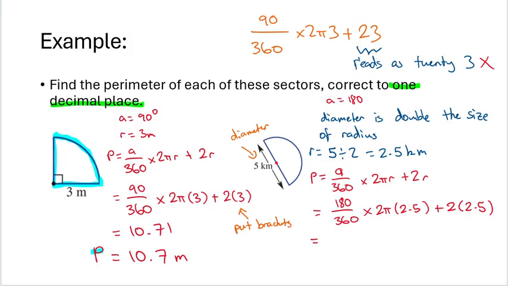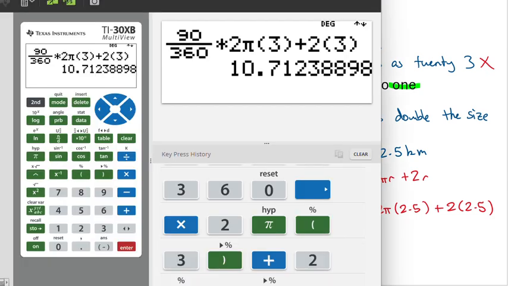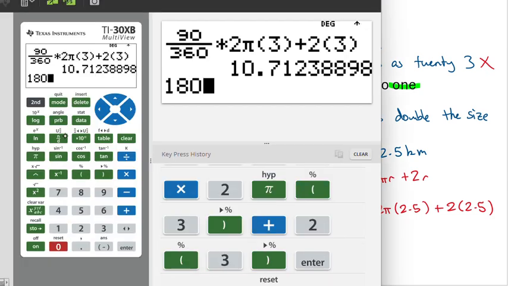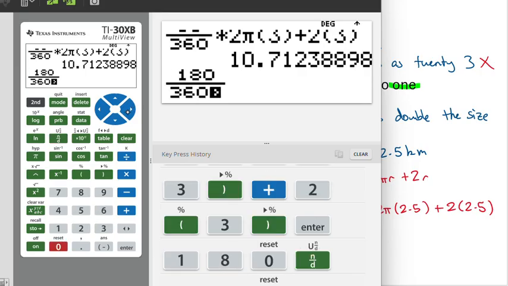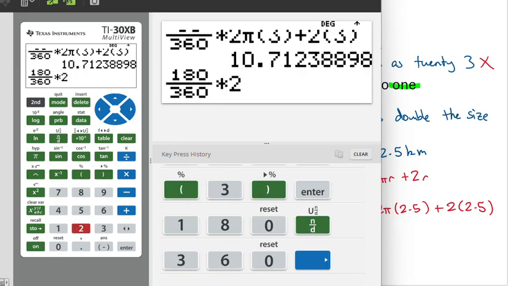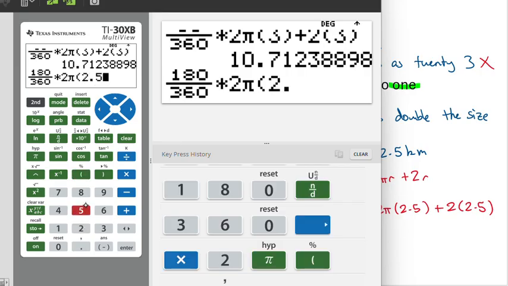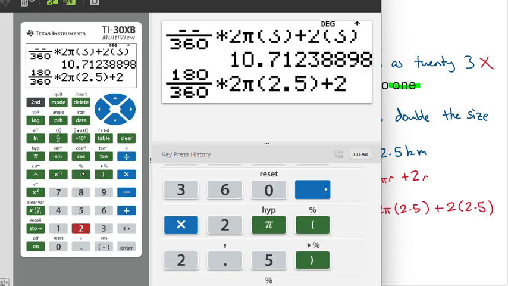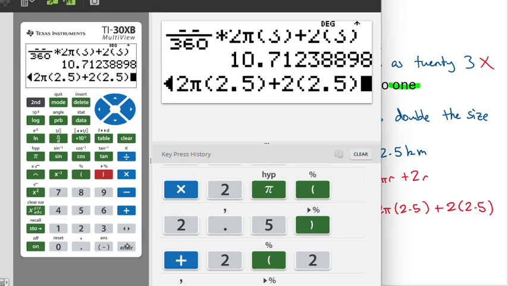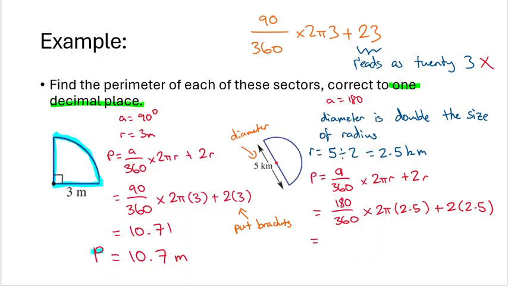So if you just type this in exactly as intended, 12.85, to 12.9 kilometers.